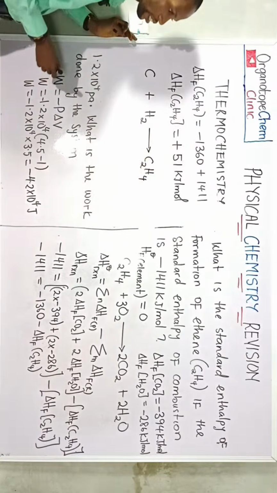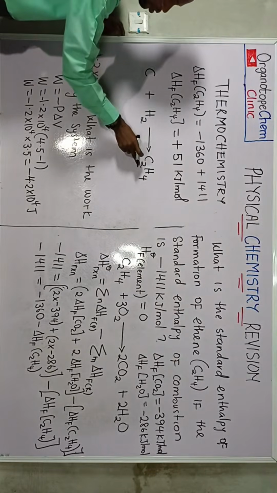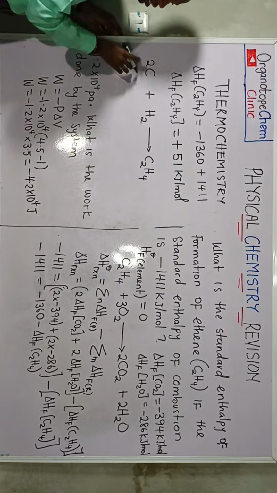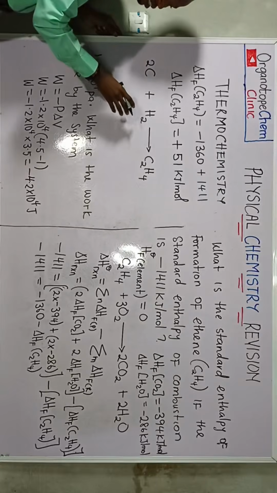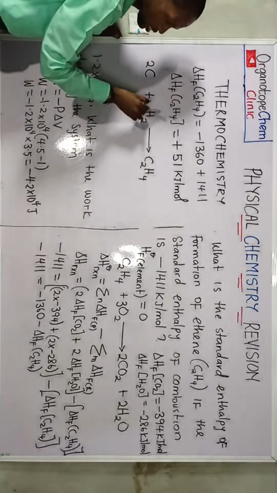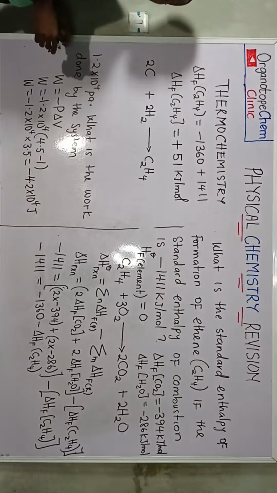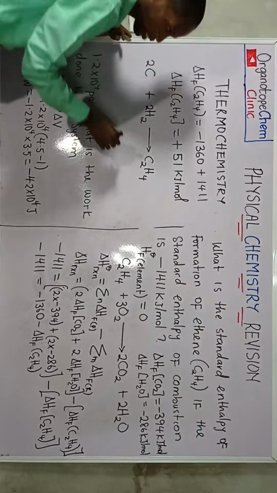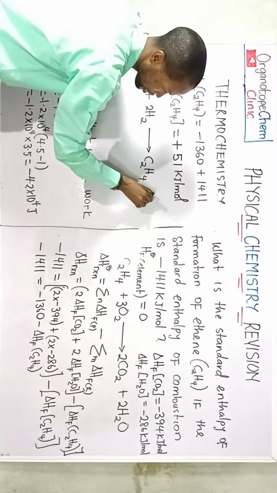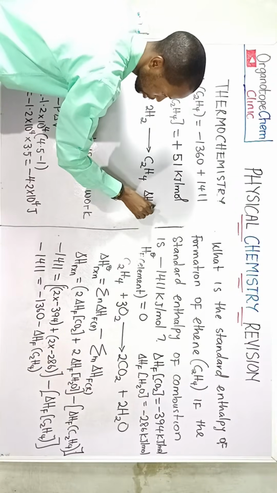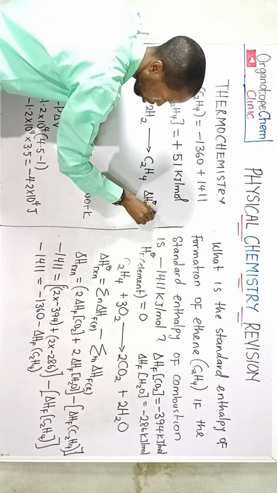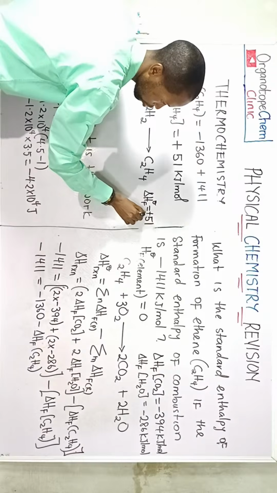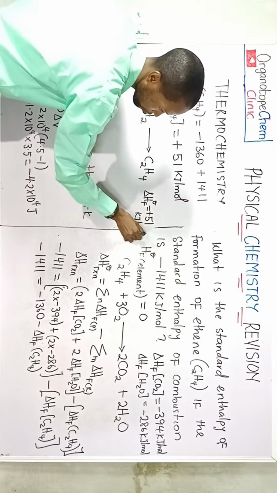Resulting in the formation of C2H4. Is that taken? We have two carbons right here, so I need to put 2. I'm trying to come up with the formation equation. Then we have 4 hydrogen atoms here, so there is need for us to put 2 here. So the equation is balanced. Then I'll write delta H formation equals plus 51 kilojoule per mole. Make sense?